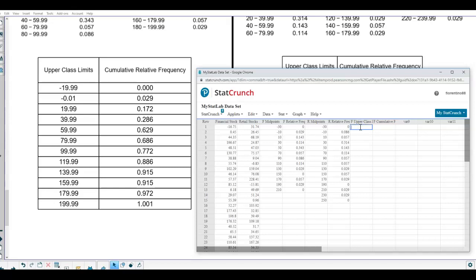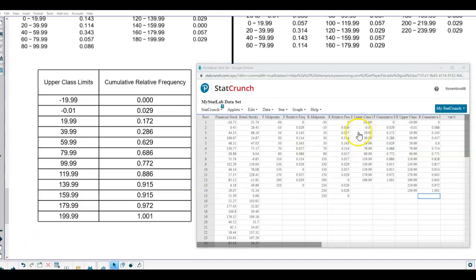So we put in our values, negative 19.99, and then negative 0.01, 19.99, 39.99. And then we're going to put in our cumulative frequency, so we have 0.000, 0.029, 0.172, 0.286, and we'll continue to enter those all in.